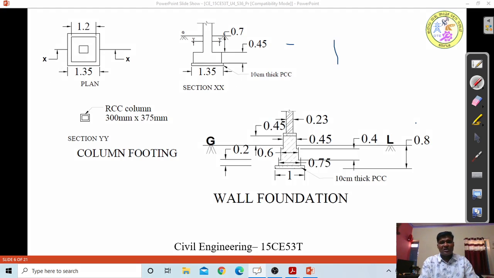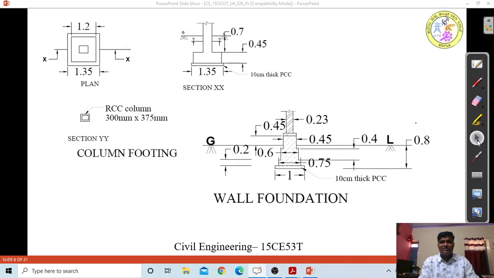It is a square footing of 1.2 meters, and on the side I am going to provide PCC. PCC is provided up to a width of 1.35 meter by 1.35 meters, and in the center there is a column. Column dimension is 0.3 meter by 0.375 meter. So these are the details of the footing.